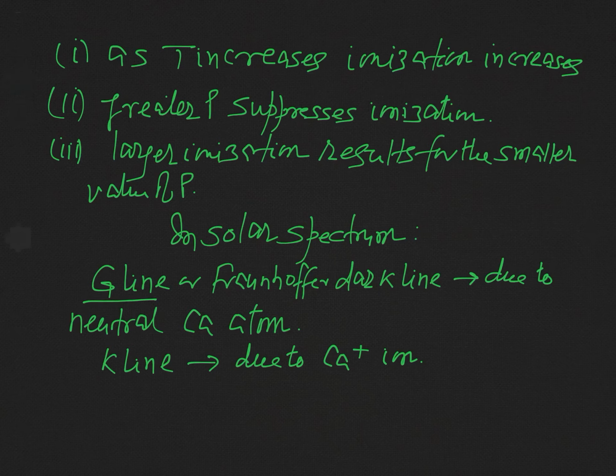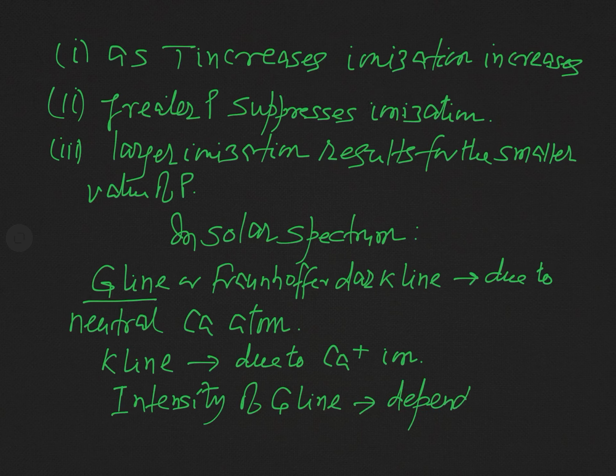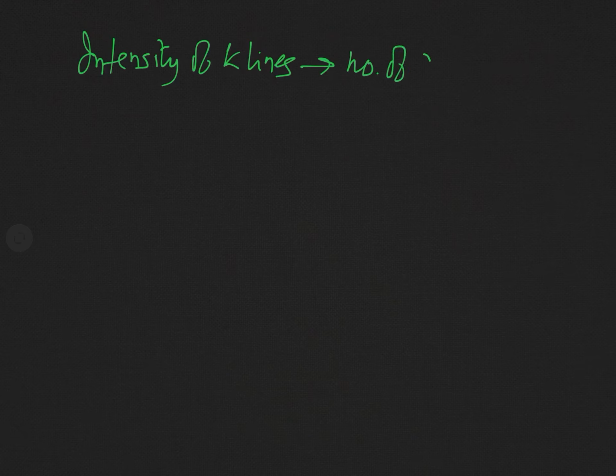So you may say that intensity of G line, this depends on the number of Ca atoms, and the intensity of K lines, this depends on the number of Ca plus ions in stars.